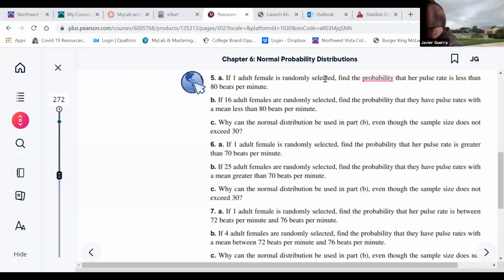Your N is 25, right? You're getting 25 female adults, so this is multiple samples. All right, so that means I have to use the right side of my handout. I'm doing the multiple sample one.